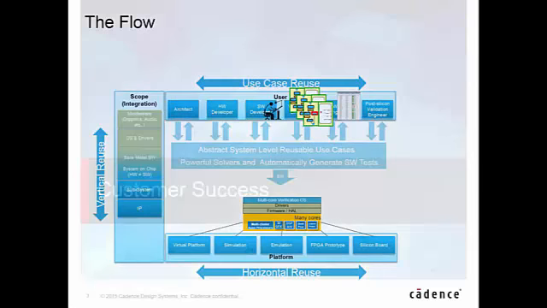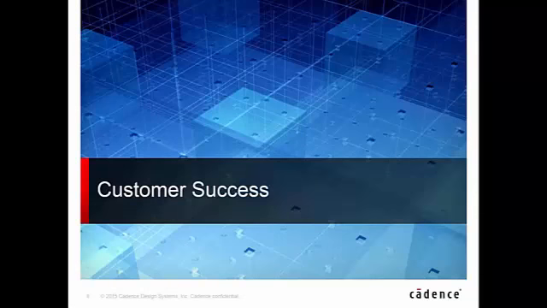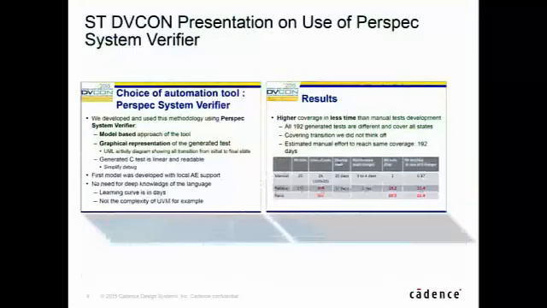Before I get into giving you some more details about how that works, I would like to just, this is a recent presentation done at DVCON by ST, who's one of our early users of Perspec System Verifier. And in this case, they were using it for that vertical reuse kind of capability where they were applying it to a GPU piece of IP and applying that to make sure that the GPU stayed functioning across their complex power system.